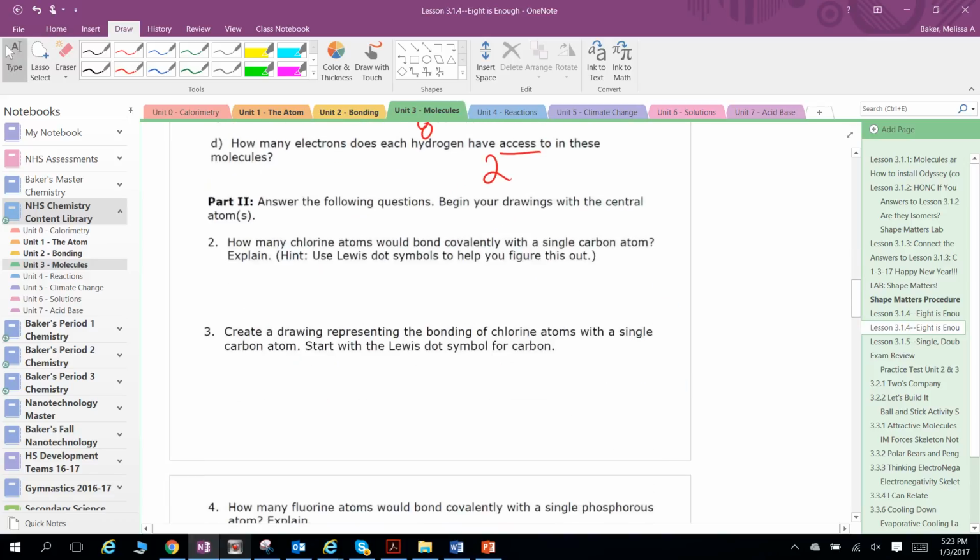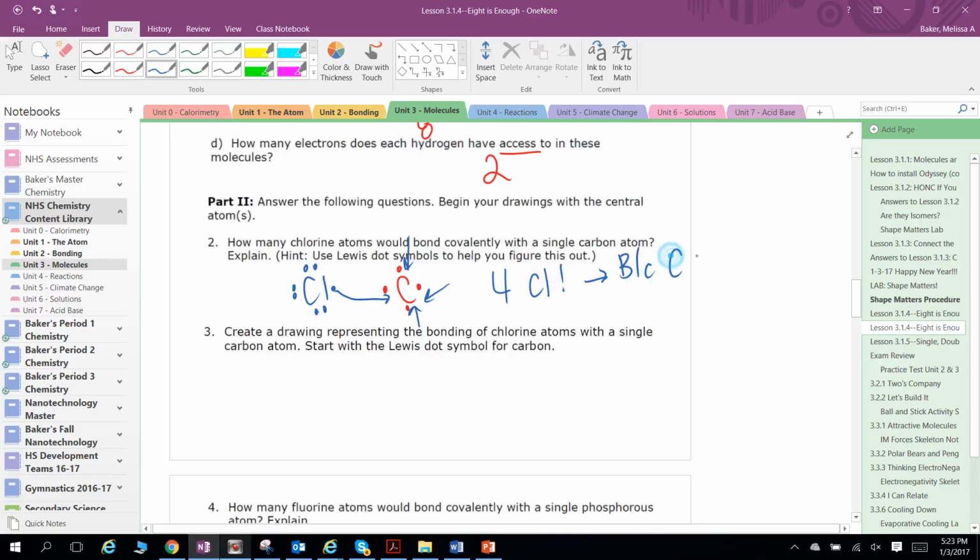It says, how many chlorine atoms would bond covalently to a single carbon atom? Carbon has 4 valence electrons, and chlorine has 7, as we've seen chlorine a few times now. So I can see that this would have room for 1, 2, 3, 4 chlorines. Why?